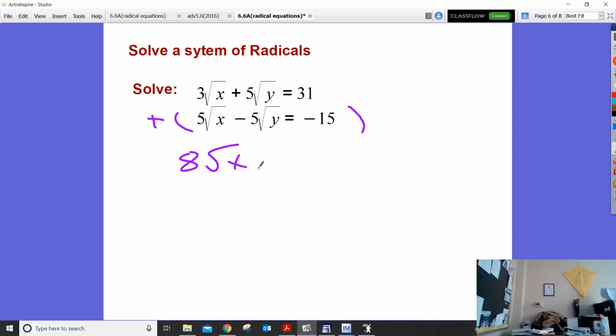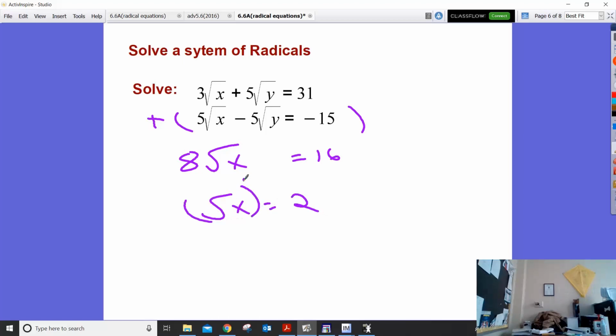You'd have no roots of y. 31 plus negative 15 is 16. Divided by 8. So root of x is 2.